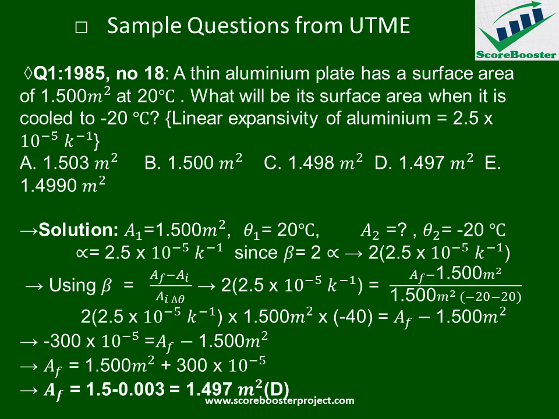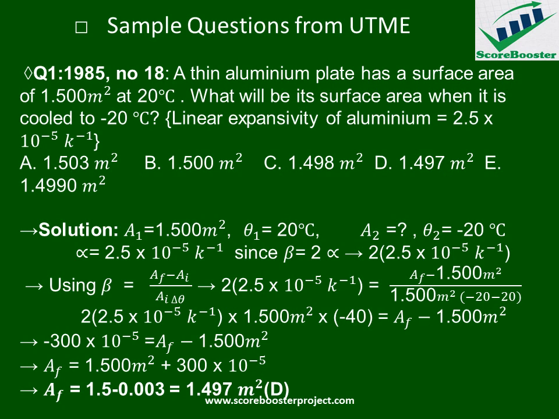The final area, A2, is not given, while the final temperature theta 2 is given to be minus 20 degrees Celsius. Then we are also given linear expansivity to be 2.5 times 10 raised to power minus 5 per Kelvin.